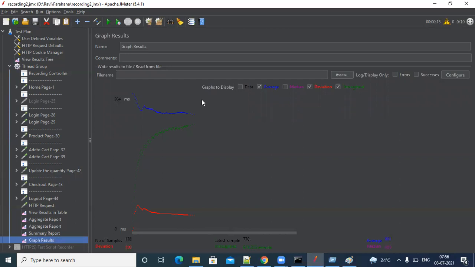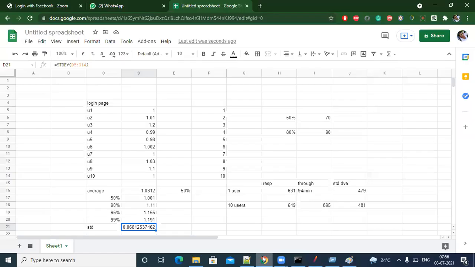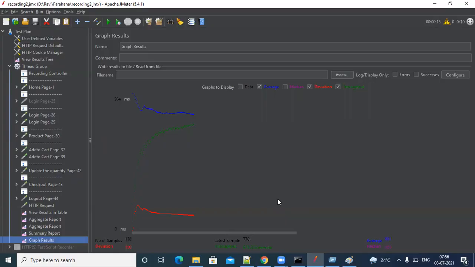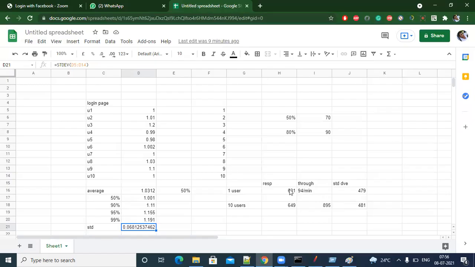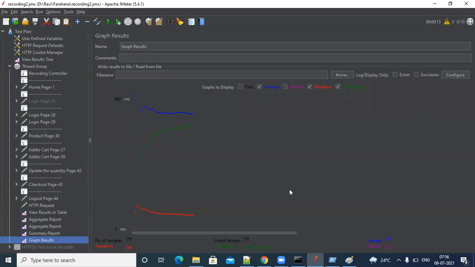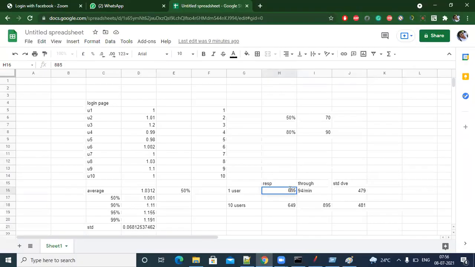Okay. Now let's note down the values for this 10 user test. So for 10 users, your response time is 885, your throughput is 679 per minute, and deviation is 109.